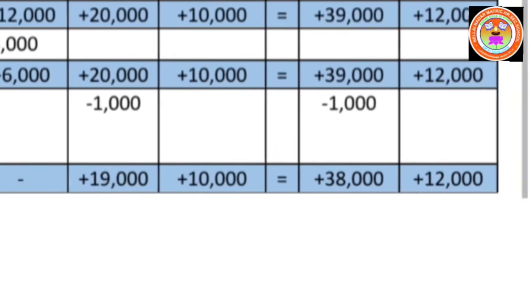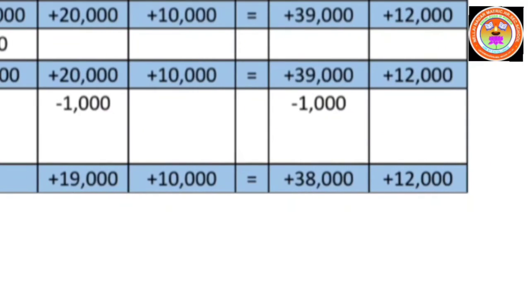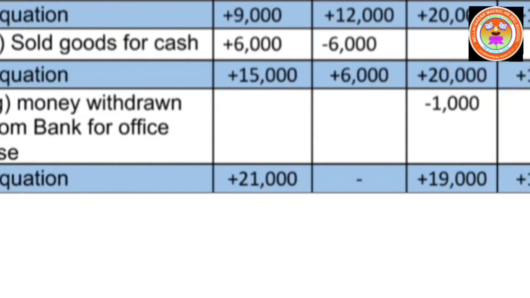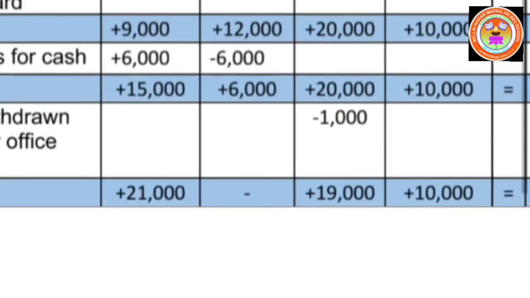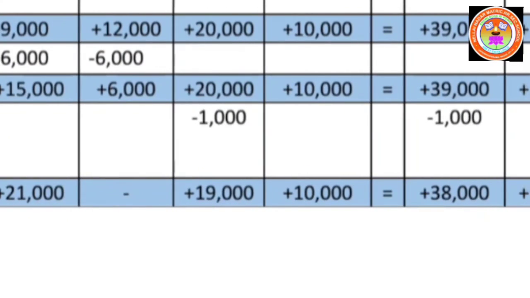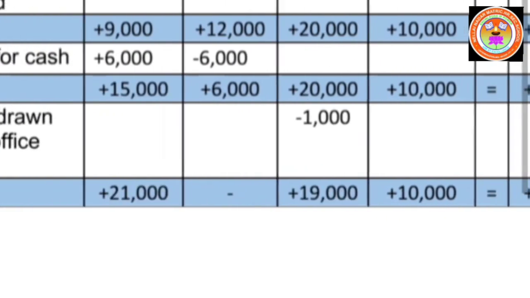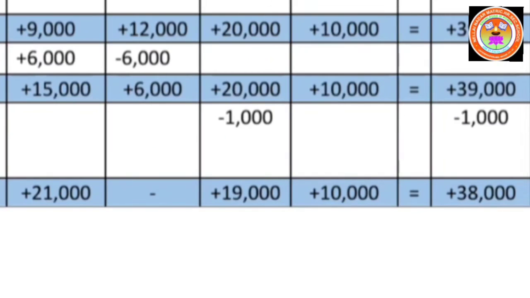Then it is also an expense for the business. So write minus 1,000 under the capital column also. Though the money is withdrawn for office use, it will be an expense for the business. So it should be subtracted from the capital. 1,000 rupees is shown in two columns.